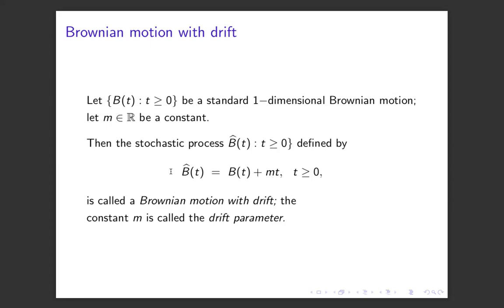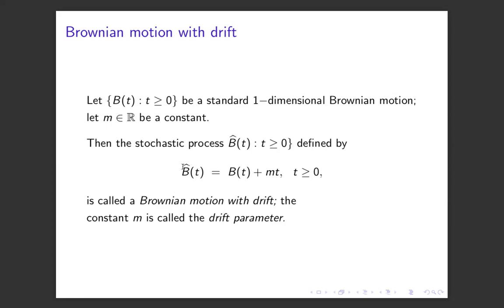So you can easily see that the expectation of B hat t is going to be the expectation of this plus the expectation of this. The expectation of this is 0. The expectation of this is a constant, so it is m times t.